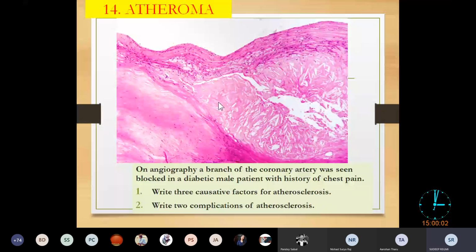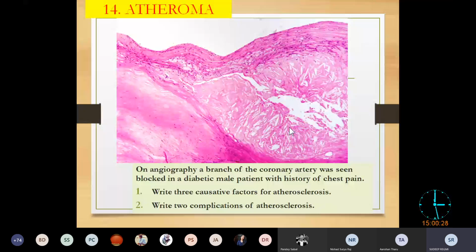These are all the cholesterol crystals, and there is a fibrous cap in the intima. Here you can see foamy macrophages containing lipid, and there are smooth muscles. This is an atheroma.